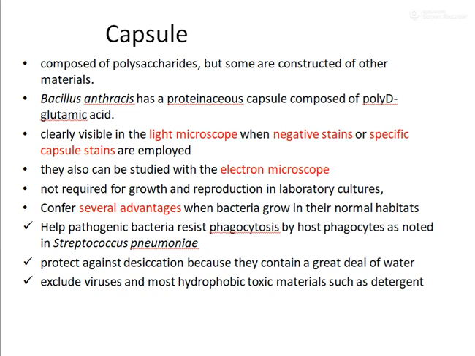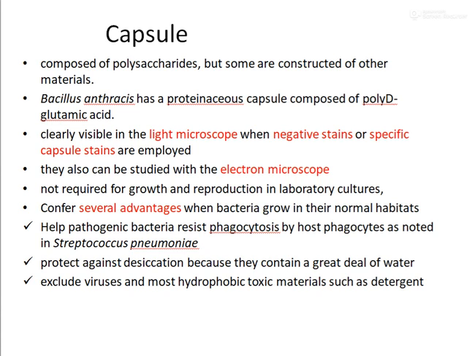In the case of Bacillus anthracis, the capsule is proteinaceous in nature, composed of components such as poly-D-glutamic acid. So you cannot say that the capsule is always made up of polysaccharide. It could be either polysaccharide or proteinaceous in nature.